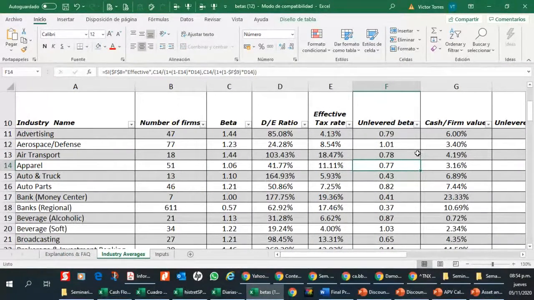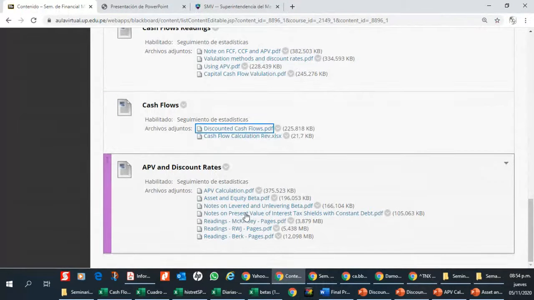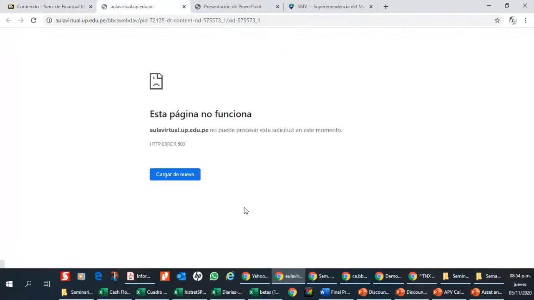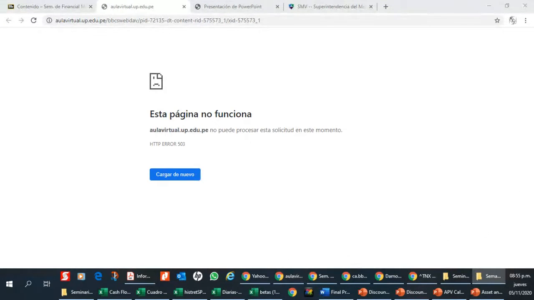Okay, so let's get onto the asset beta and equity beta side of the business. And this is on our Blackboard Learn that I wanted to highlight. Maybe let me open the other one, because I actually did a couple more notes on levered and unlevered beta. It's not working. Okay, give me 1 minute.